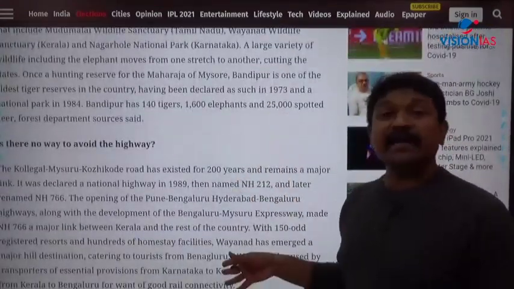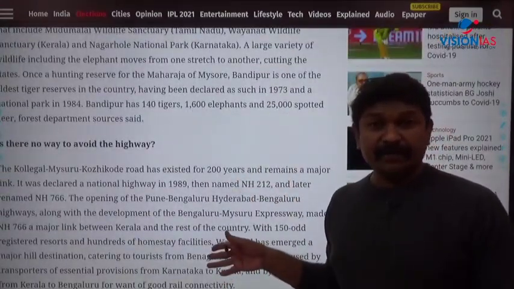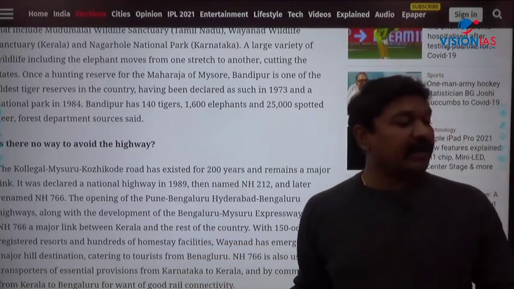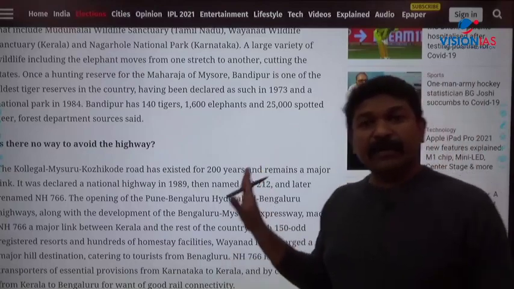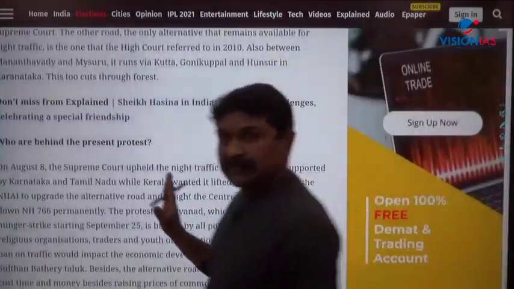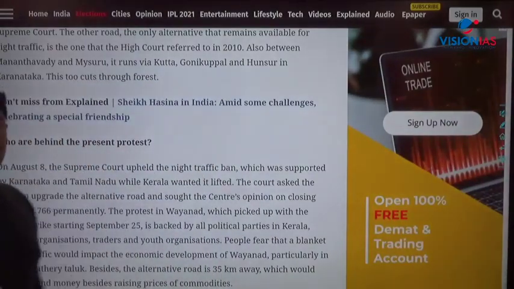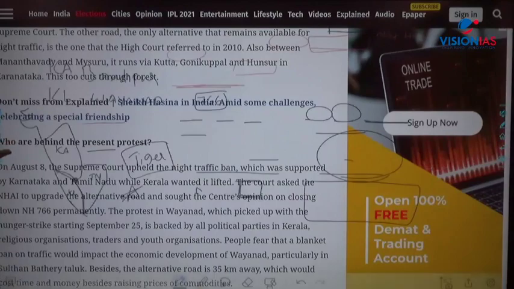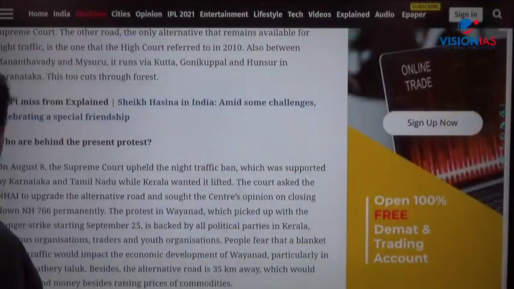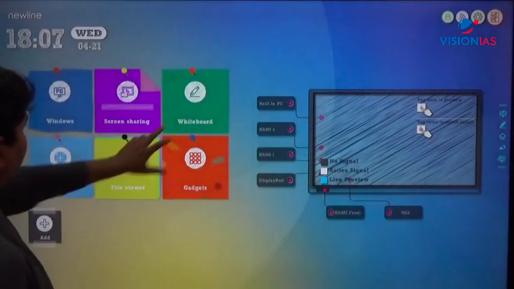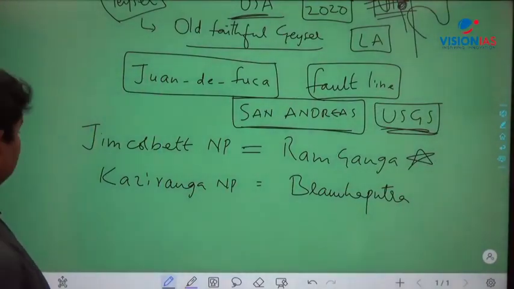This is the current-related news that may be dealt with in your current affairs topics. Fine. This is about Bandipur and all these things. Fine. Now, after this one, let us see the things.